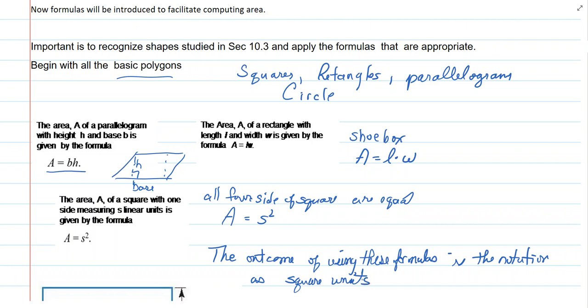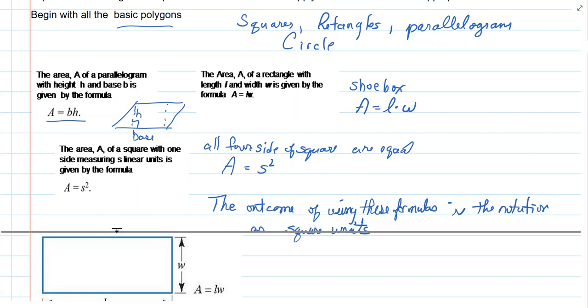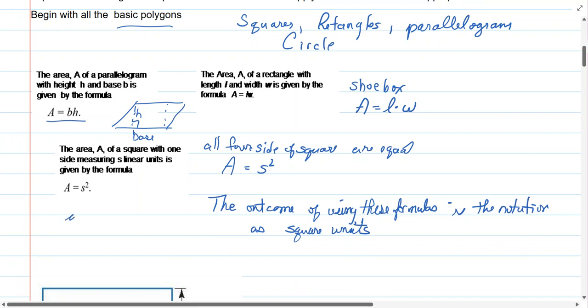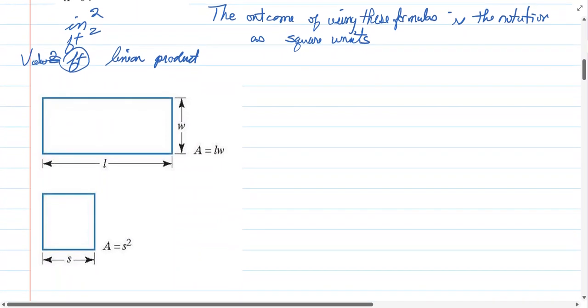As we look at this part, some of us are experienced and others are not in distinction. So what we're saying is I can have inches squared, feet squared, but I can't have square feet. This in front of the type gives the value squared, which then looks like a linear product. And that doesn't happen in area. Area is squared.